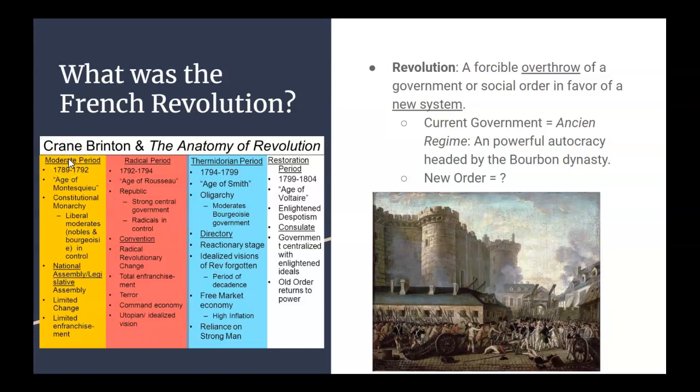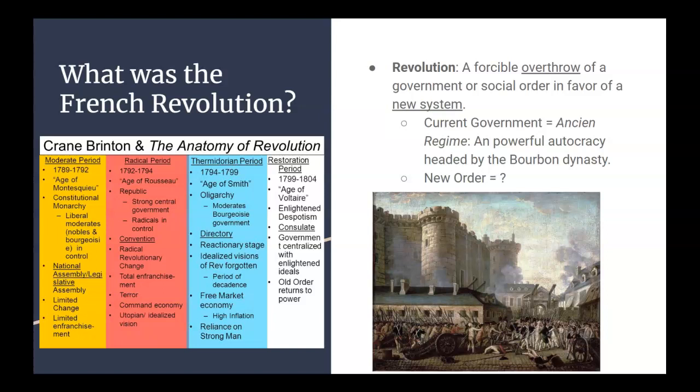He said revolutions in the moderate period, at the beginning of the revolution, tend to be pretty limited with change. Nothing crazy is going on. People are trying to change their society, change the system under which they live, through more moderate means. Not radical, but moderate, slow. Not going to do anything crazy.